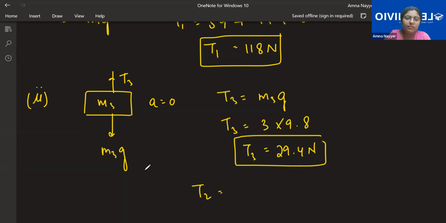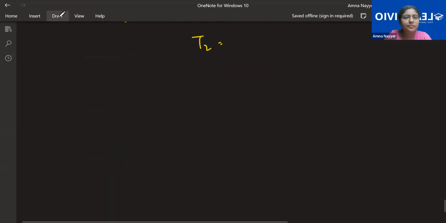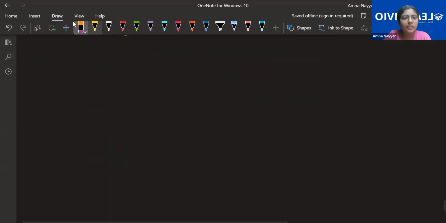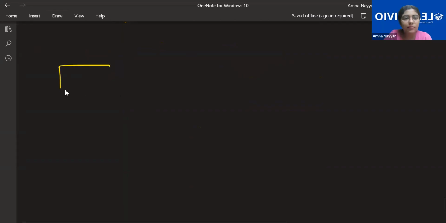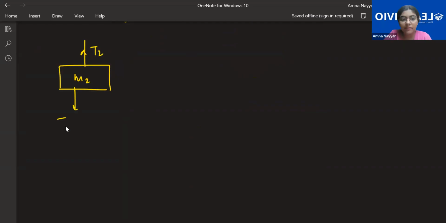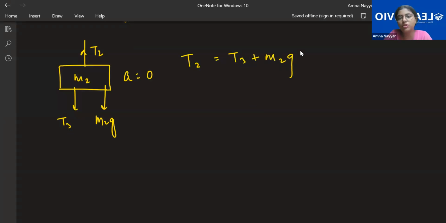Now T2. Let me redraw it. In T2, you are going to consider for M2. Look, T2 will be acting upwards, T3 will be acting downwards, and M2G will be acting downwards, and acceleration is zero. So which we write minus and plus, you can simply write T2 is balancing T3 plus M2G. Did you get this? Yes, ma'am. Upward forces are balancing the downward forces.